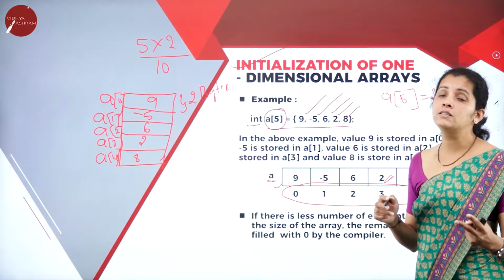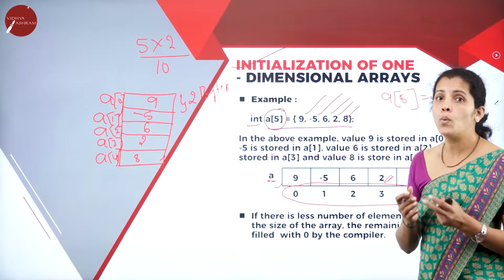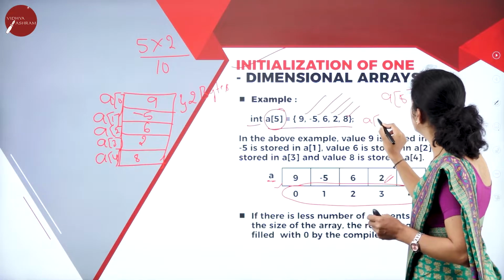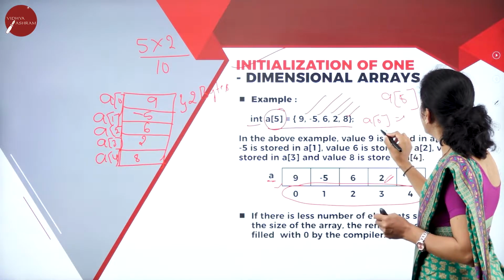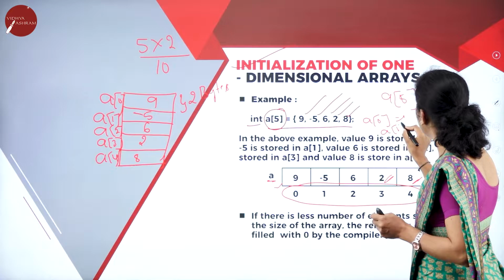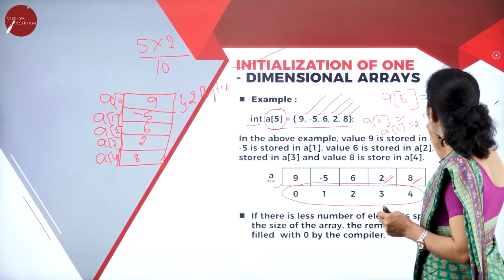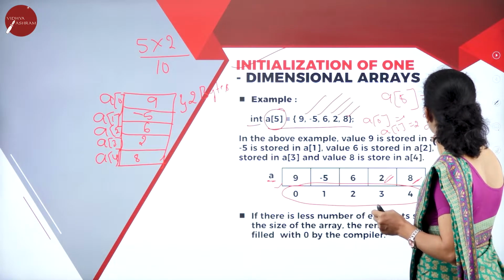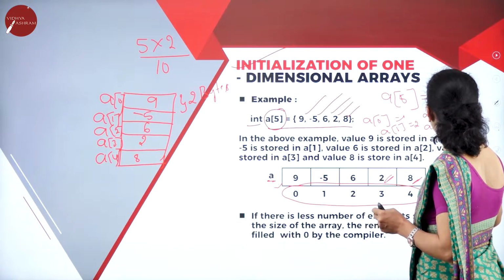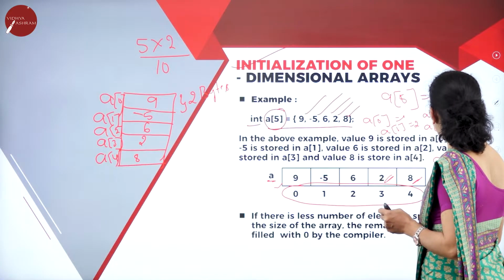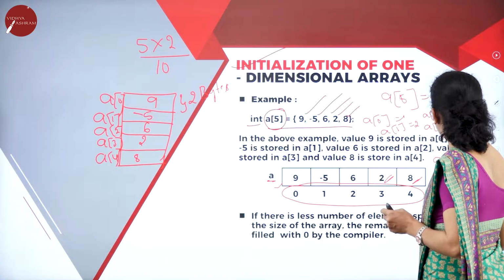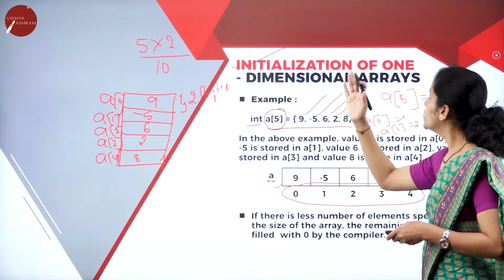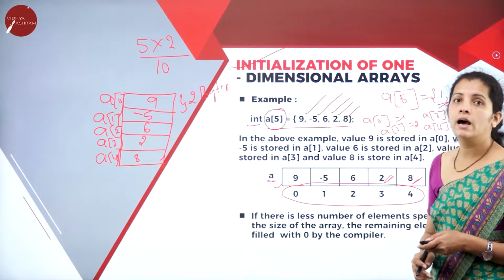The rest of the fields are filled with the value 0. For example, A of 0 is 1, A of 1 is 2, then A of 2, A of 3 and A of 4 are equal to 0. This is the way I can initialize a one-dimensional array.